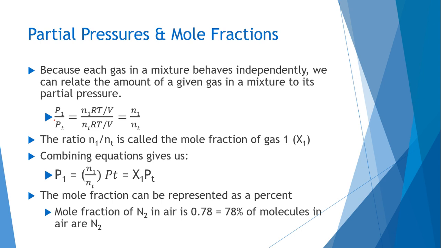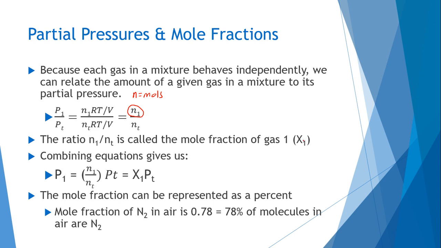And that's the same thing as saying the mole of gas 1 divided by the total moles. So again, remember N equals moles. And if you see a little t, that means total. So the ratio of your mole of gas 1 divided by your total moles is called a mole fraction. And we can actually rewrite that as X for 1.